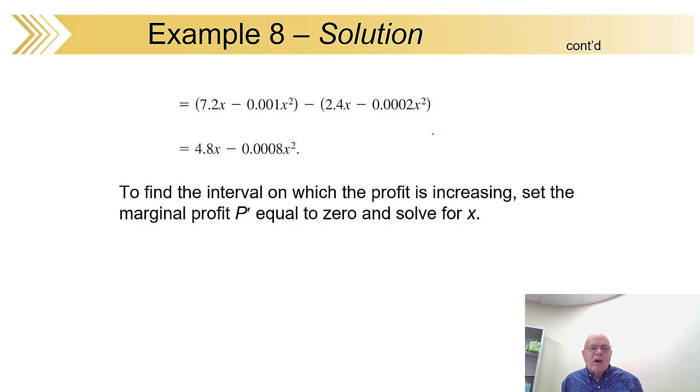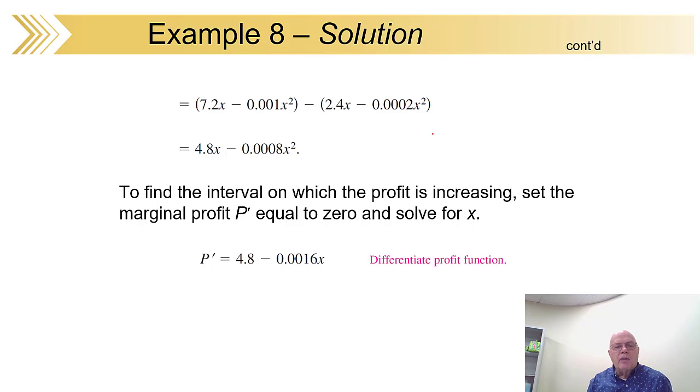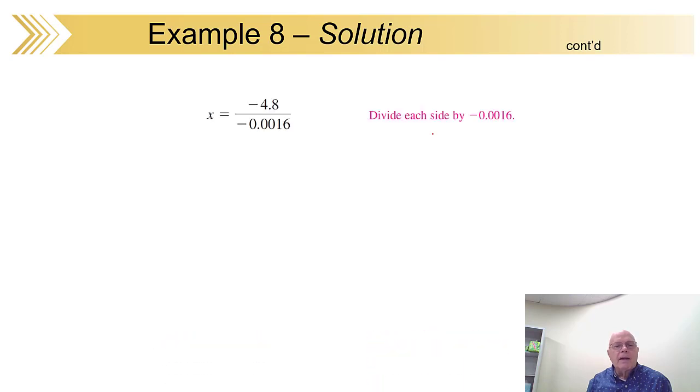So it'll just be where the derivative equals 0. So there's your derivative. I set it equal to 0, solve for x, and there's your x, a little bit of calculator work, and x equals 3,000 games.